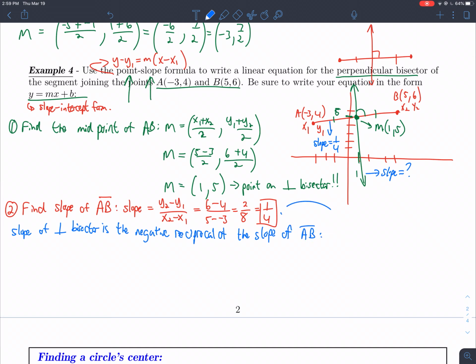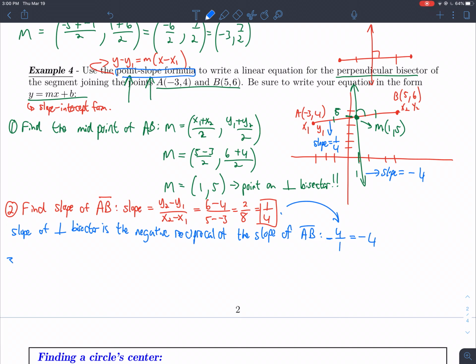So I take the reciprocal and make it negative. So the negative reciprocal slope then is -4. So I just did it. This slope is -4. If this is the slope of my segment, the perpendicular bisector slope is -4. Make it negative and take the reciprocal. So now I have the information I need for point slope formula.